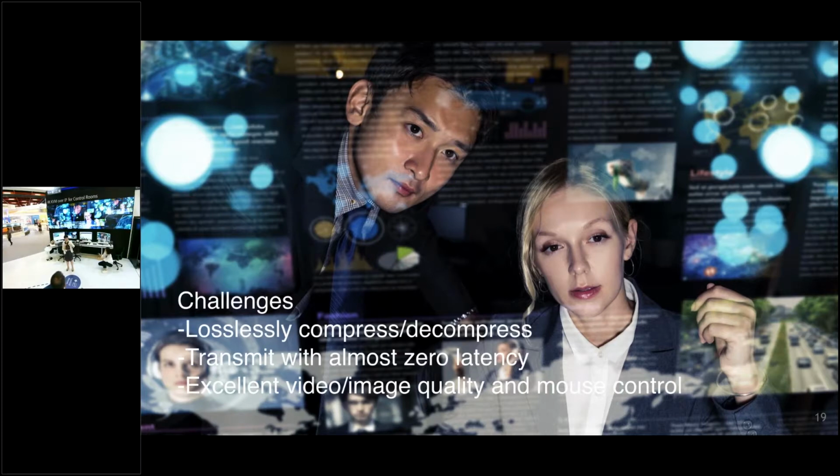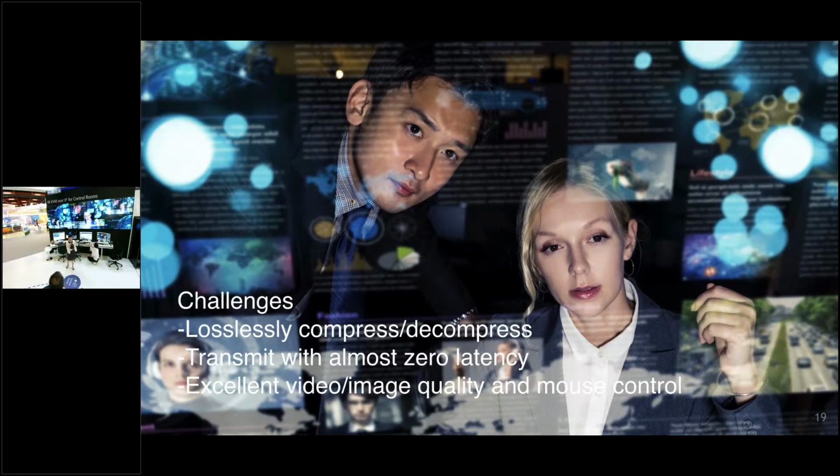We leverage the mature Ethernet switch and the well-known over IP protocols to transmit those video signals. But the challenge is that when we transmit the 4K video signal, we need to compress at the transmitter side and decompress at the receiver side. So how could we visually losslessly compress and decompress our video?